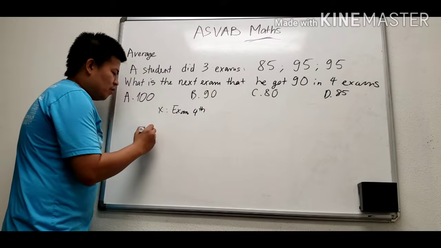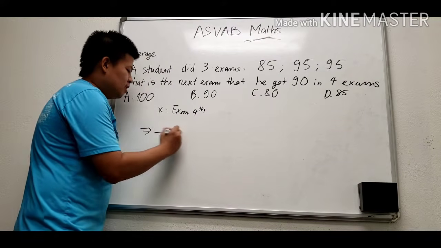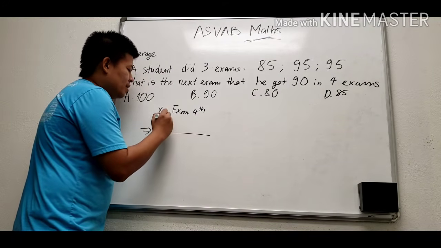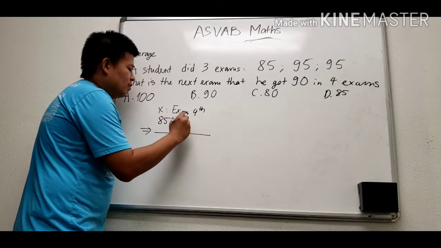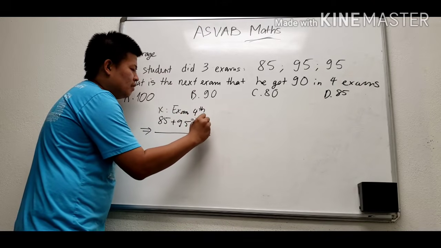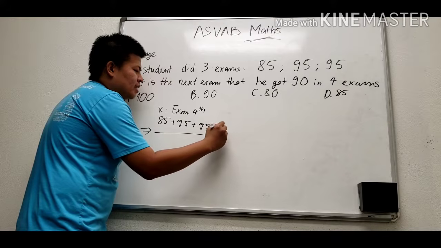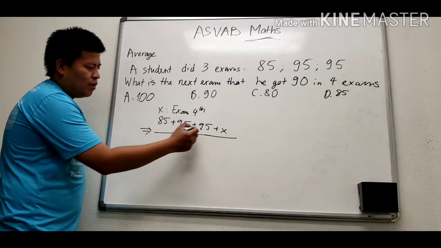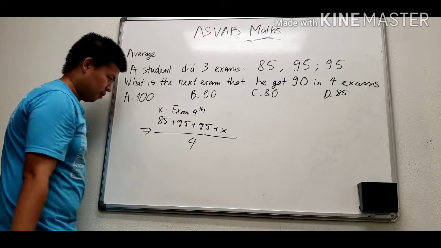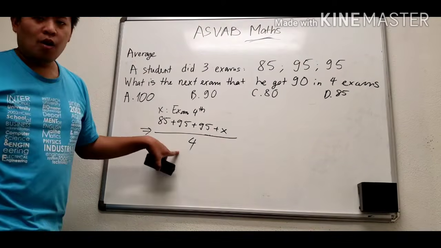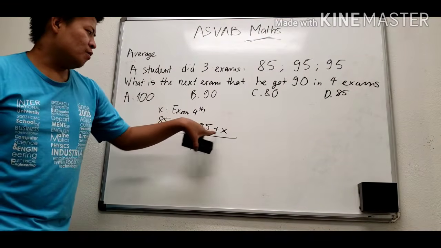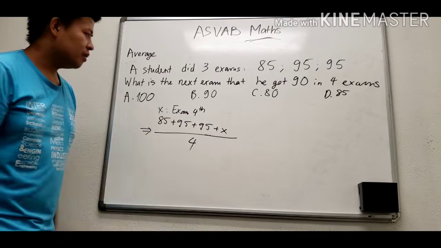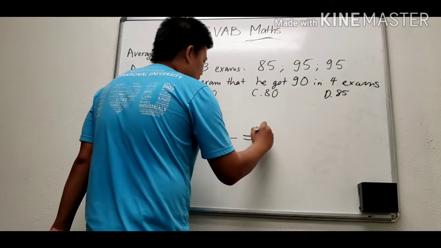Then we put the formula of the average: 85 plus 95 plus 95 plus S. In here, we will have 4, because we have 4 exams, so we need to divide by 4. And the average in here is 90.